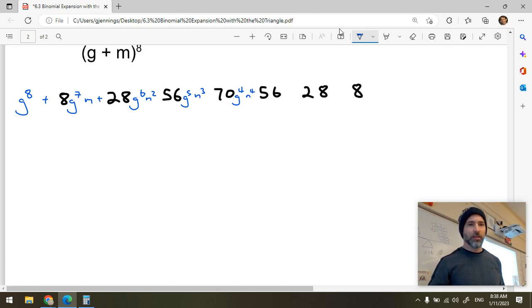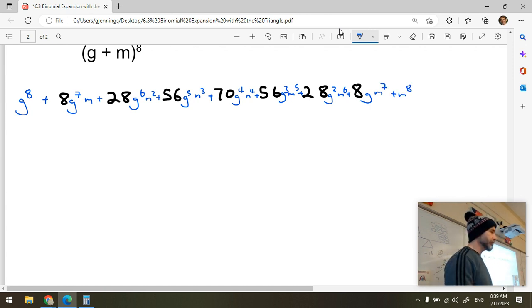Oh, and sorry, these are all plus, plus, plus, plus, plus. Then 56g³m^5 plus 28g²m^6 plus 8gm^7 plus m^8.